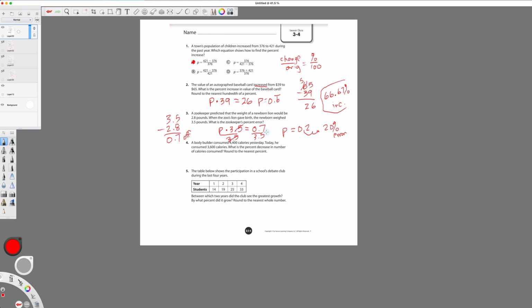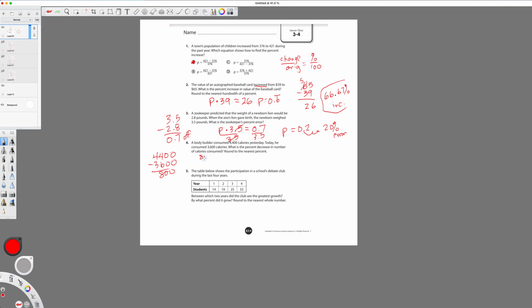Number 4, a bodybuilder consumed 4,400 calories yesterday. Today, he consumed 3,600. What is the percent decrease? So let's find out how much the decrease was by subtracting. And the decrease is 800. And then I need to compare that to what it was before it decreased. What was it yesterday?